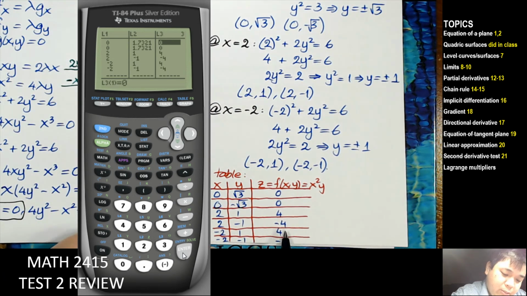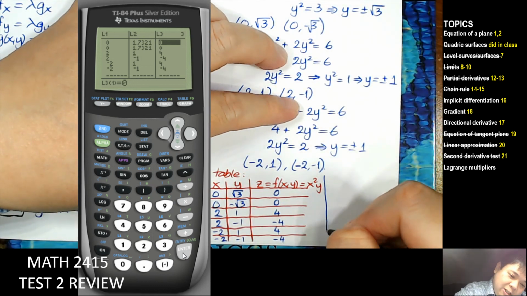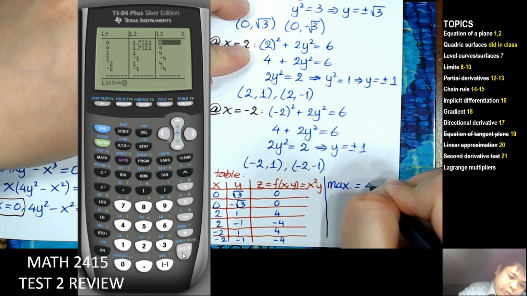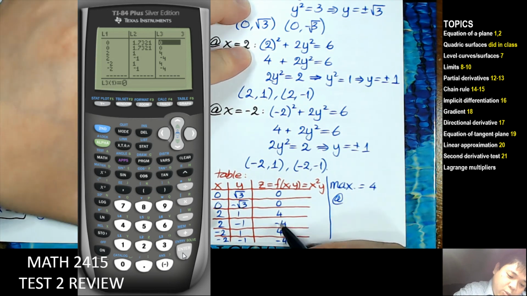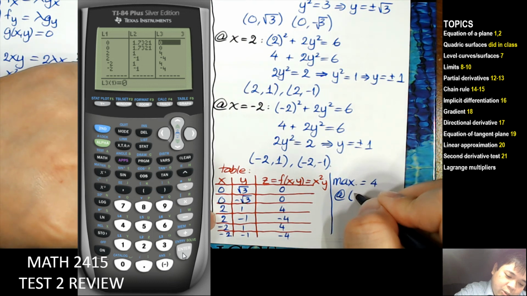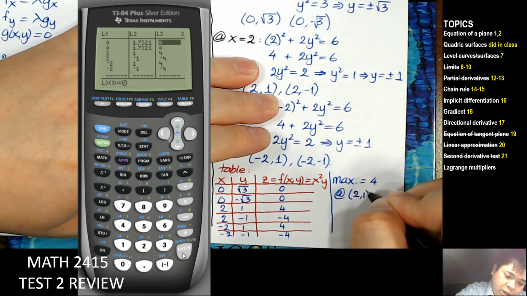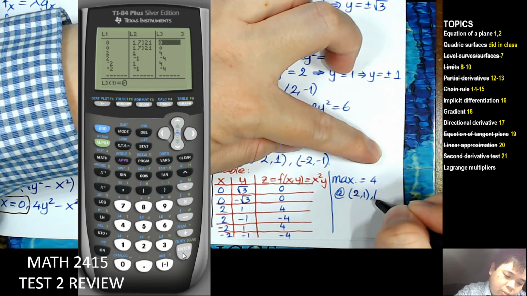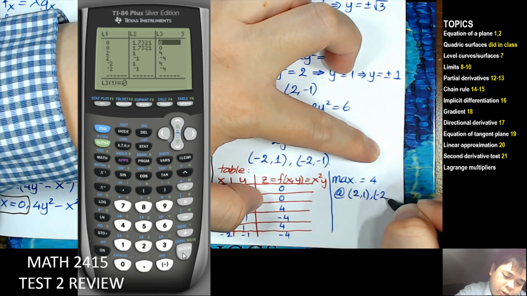So we have the maximum equal to 4 at those points. At x equal to 2 and 1, or -2 and 1.